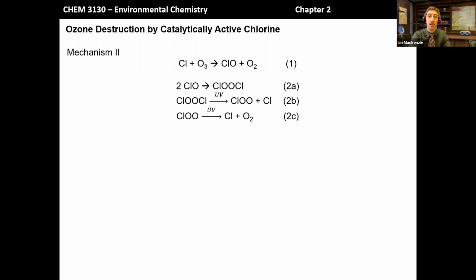If we sum reactions 2A through 2C, we get what we're more familiar with, which is essentially the conversion of the chlorine monoxide back into atomic chlorine, returning over the catalytic cycle and regenerating the active ozone destroying agent. But there are a few notes to make with this.